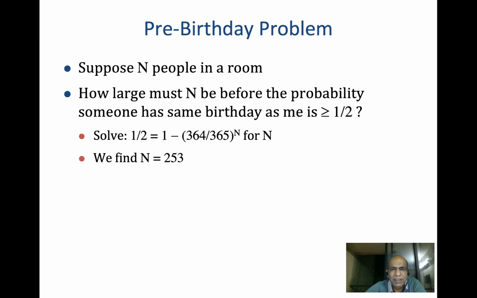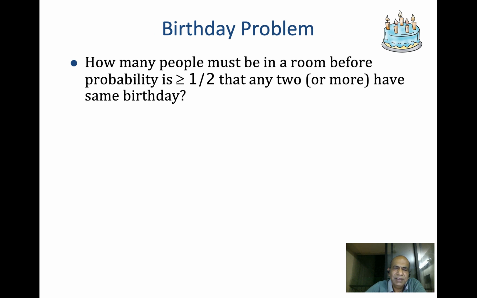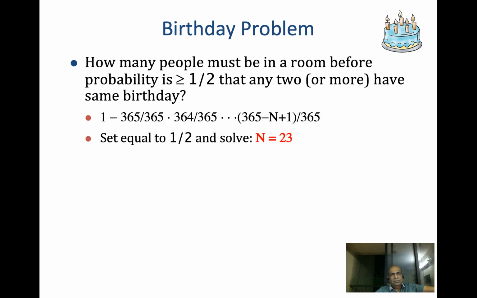For the earlier question, the number of people should be approximately 253. But here, how many people do we really need in the class? What should be the answer here approximately? The answer is 23.